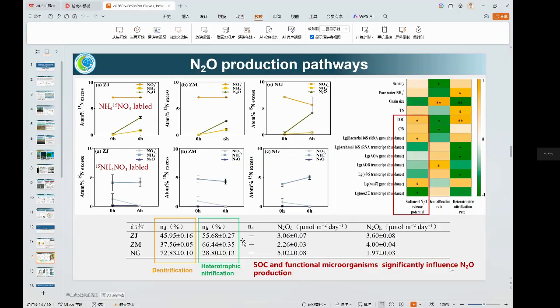But in the seagrass regions, the ZJ and ZM regions, heterotrophic nitrification contributed more than half of the N2O production, even higher than denitrification. Autotrophic nitrification contributed very little to the N2O production. And based on the Spearman correlation analysis, we found that sediment organic carbon and functional organisms significantly influence N2O production.